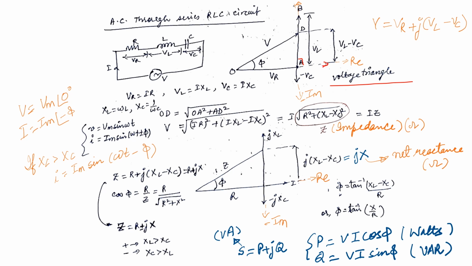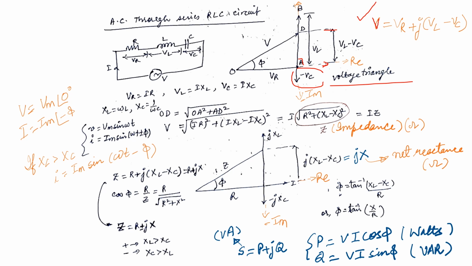On the imaginary axis, we are plotting VL, and VC is minus, so it will be plotted in the negative direction. When we draw this vector minus VC here, we get the vector AD, which can be represented as VL minus VC. So in the vector notation, we can write the resultant vector V is equal to VR plus j times VL minus VC from this voltage triangle.